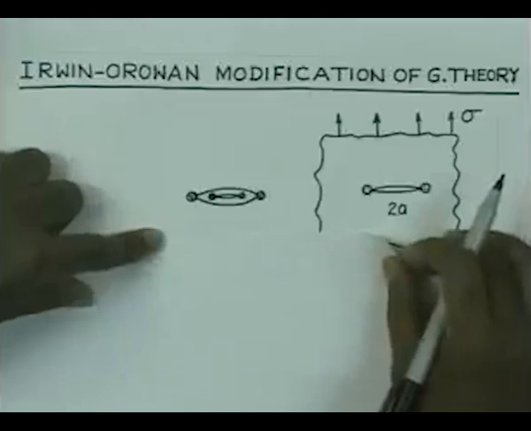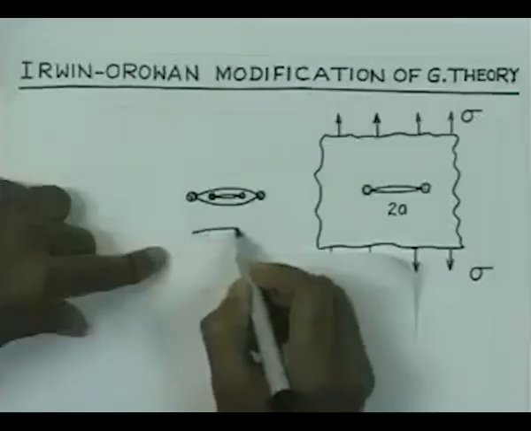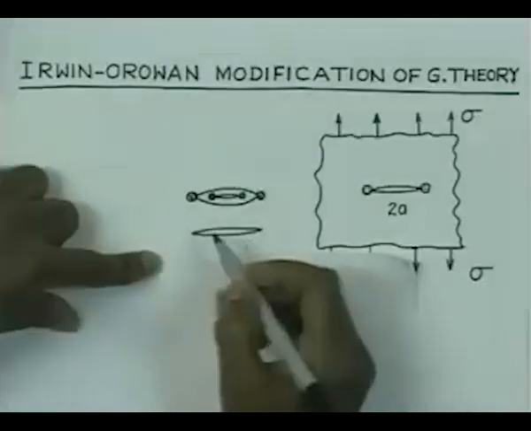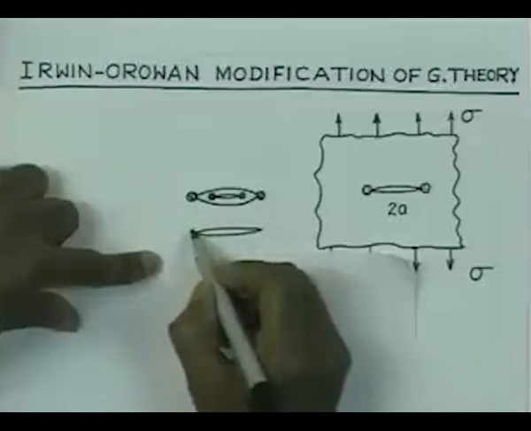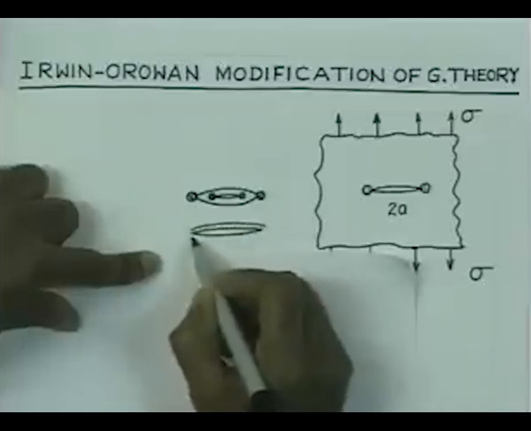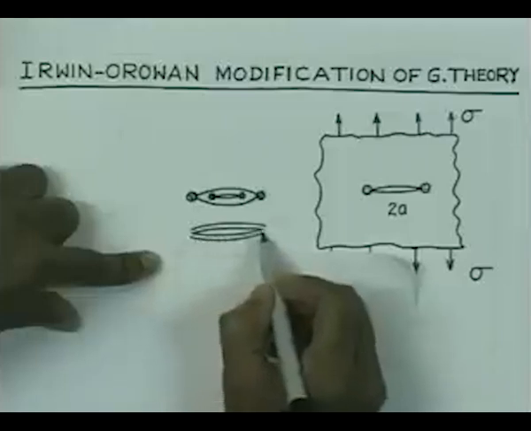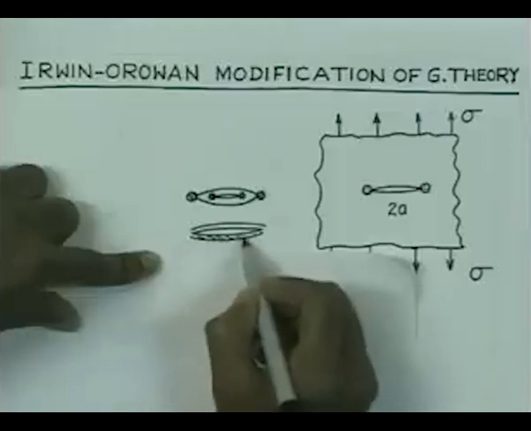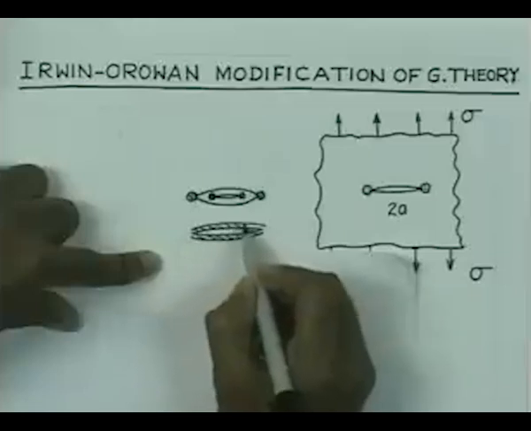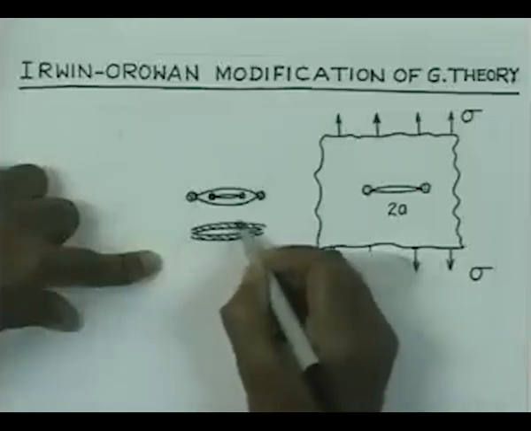So, when the crack has extended to a size like this, we can imagine that the material around the top edge and the bottom edge of the crack, that means a portion of the material here and a portion of the material on the other side, are plastically deformed.